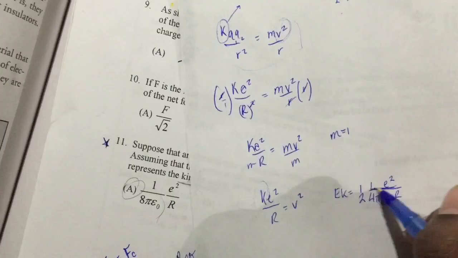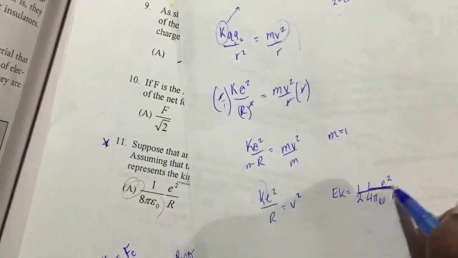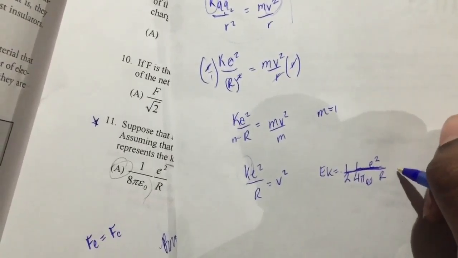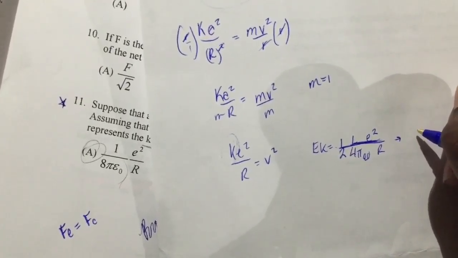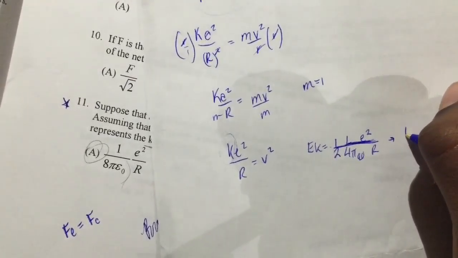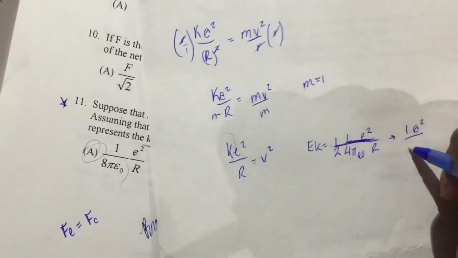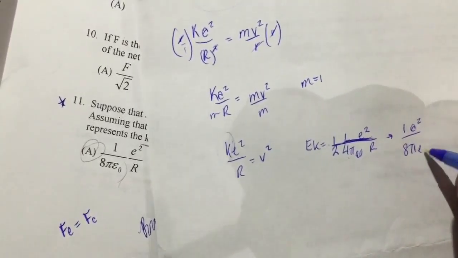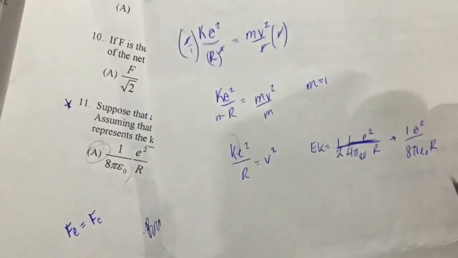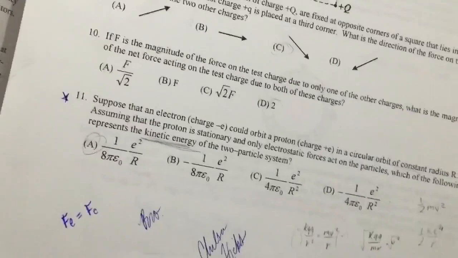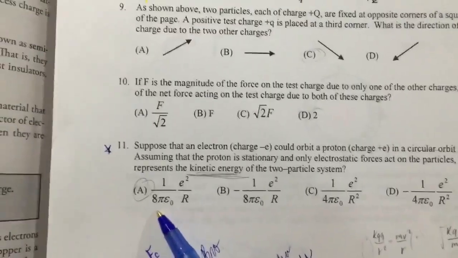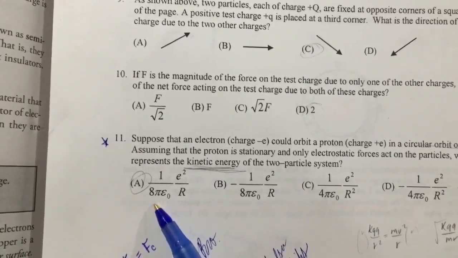Why did I make it so complicated? When you simplify it, it is 1 e squared over 2 times 4 pi epsilon times the radius, which is choice A.